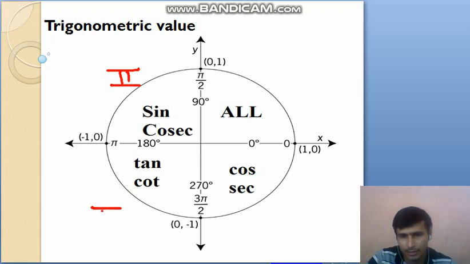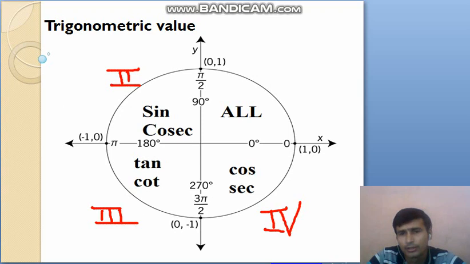Similarly, in the third quadrant, for an angle 180 to 270 degree, tan and cot are positive, but the other trigonometry functions are negative. And in the fourth quadrant, between the angle 270 to 360, the values of cos and sec are positive, right, other trigonometry functions are negative.